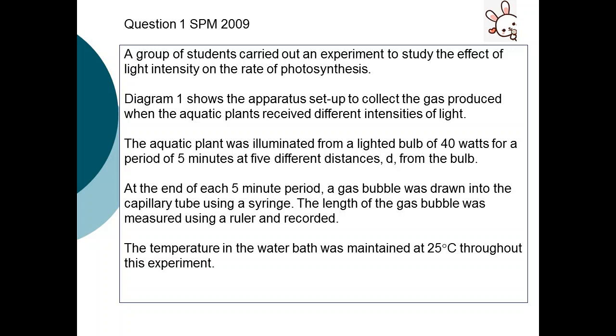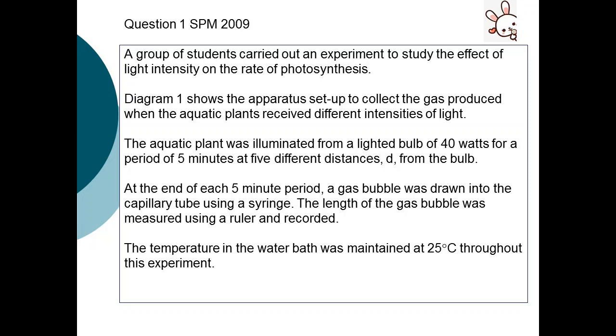We read together. A group of students carry out an experiment to study the effect of light intensity on the rate of photosynthesis. Diagram 1 shows the apparatus set up to collect the gas produced when the aquatic plants receive different intensities of light. The aquatic plant was illuminated from a light bulb of 40 watts for a period of 5 minutes at 5 different distances d from the bulb.